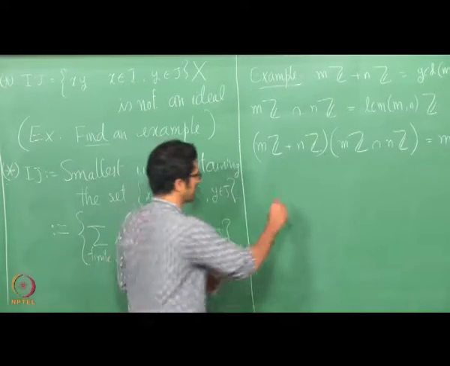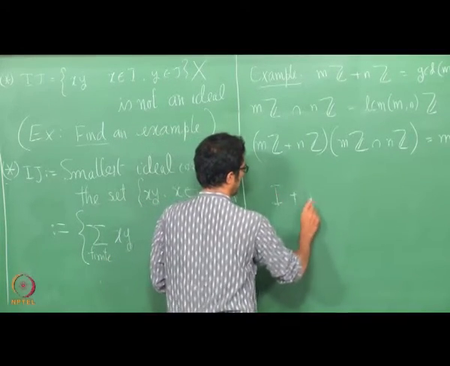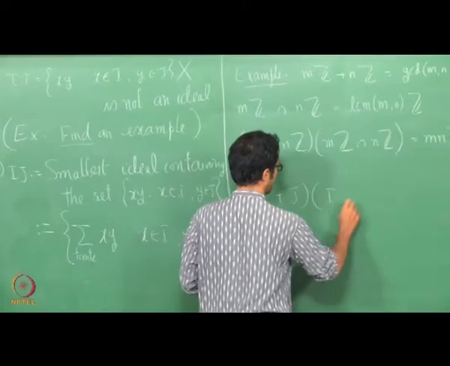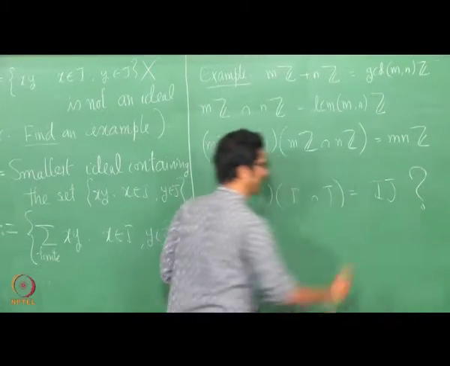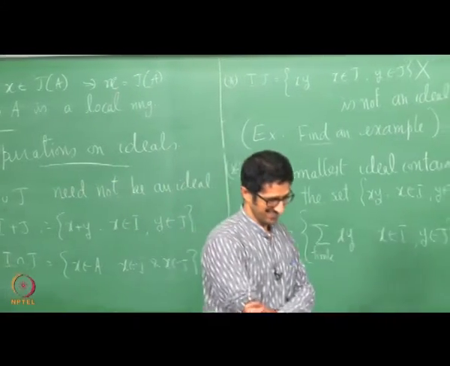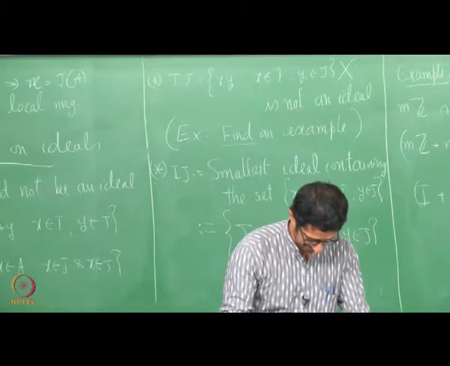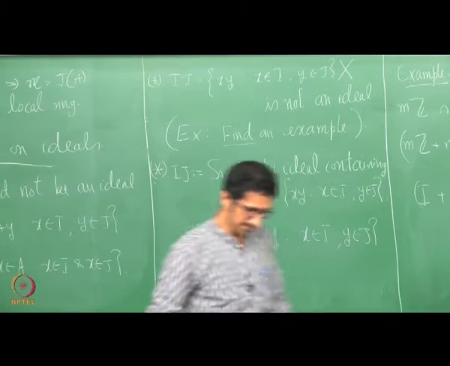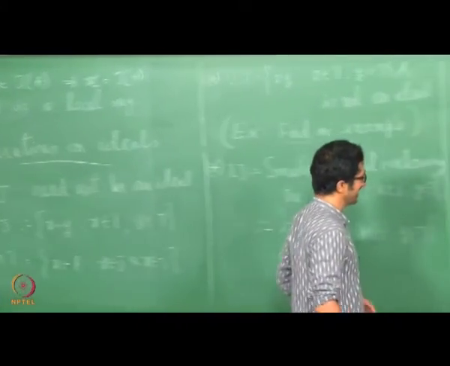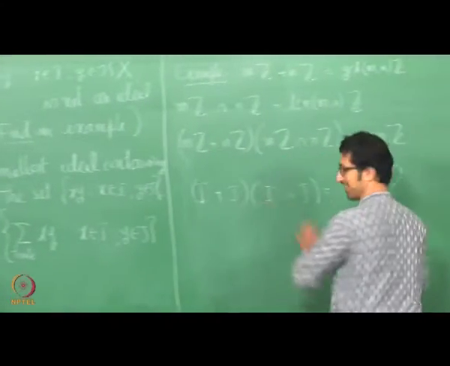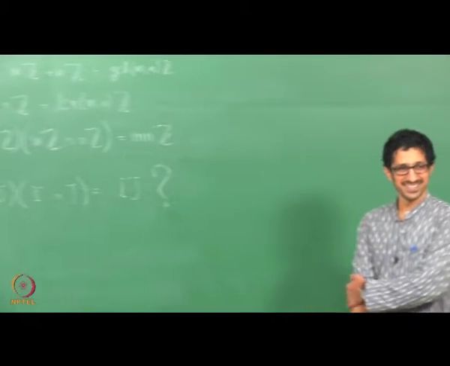So, in general, should we say (I plus J) times (I intersection J) is IJ? Right, this is the analog. Should we?